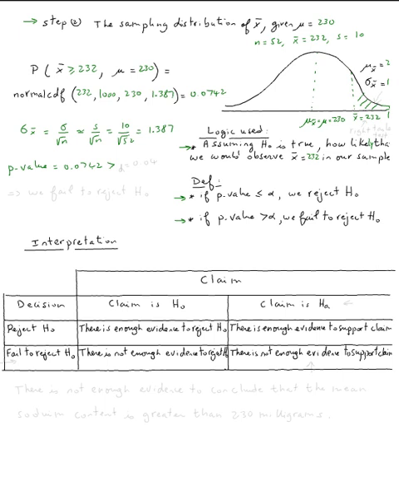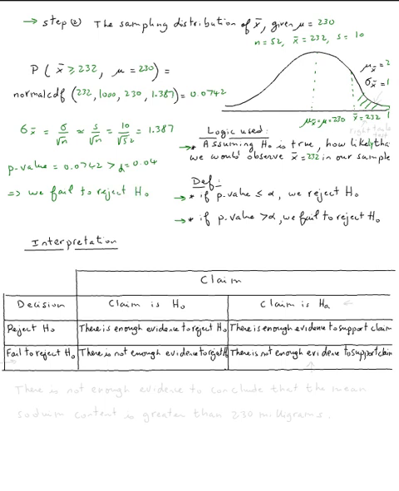Alpha is 0.04. Therefore, we fail to reject H sub 0.